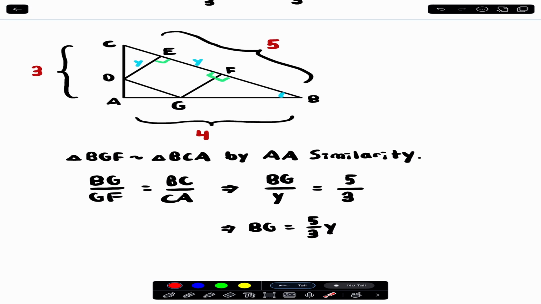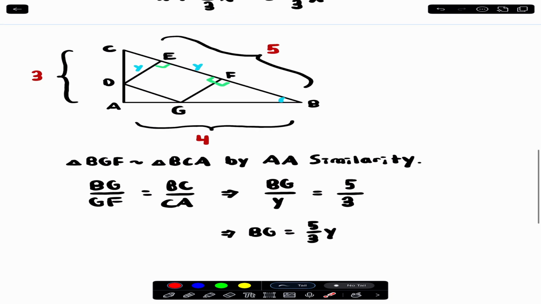So in order to write AB in terms of y, we're going to need another side length here, AG. So how can we get that? First thing to notice is that this is also 90 degrees because this is a right triangle we have.